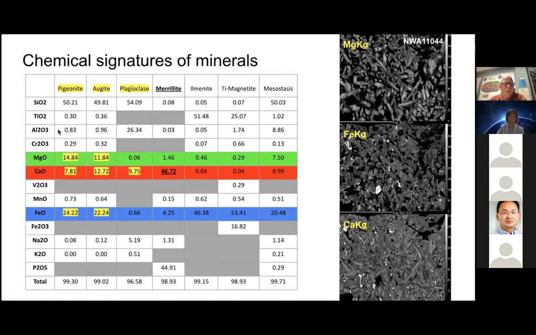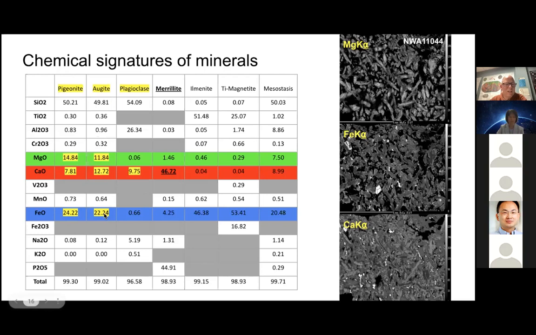So if we look at the first type of mineral that makes up a major component of a rock like this, we're talking about the pyroxenes. Now, if you remember, there's two types of pyroxenes in these rocks, and we can distinguish them based on their calcium concentration. The mineral pigeonite has lower concentrations of calcium oxide, and augite has higher calcium.